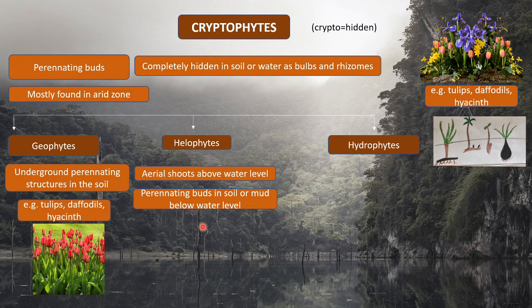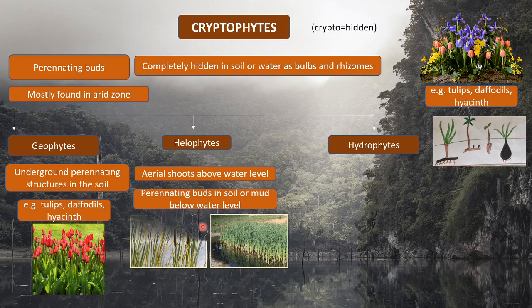An example of halophytes, which I explained in a previous lecture also, is Typha. This is a plant which grows in a marshy environment where its roots are present in the water, in a muddy environment, whereas the rest of the body is above the water level. So this is halophytes.